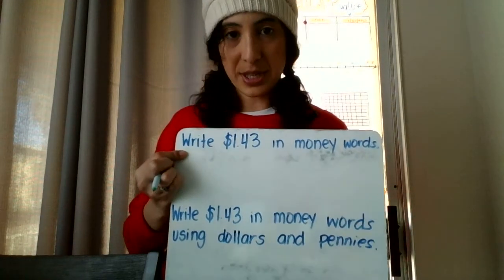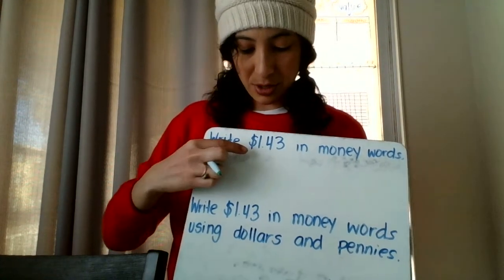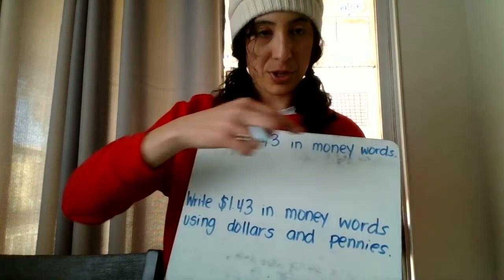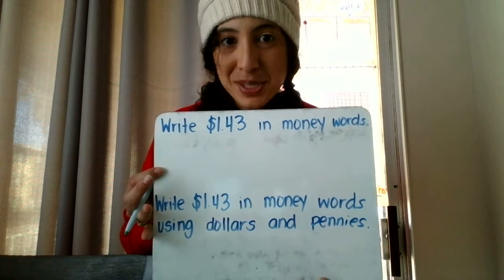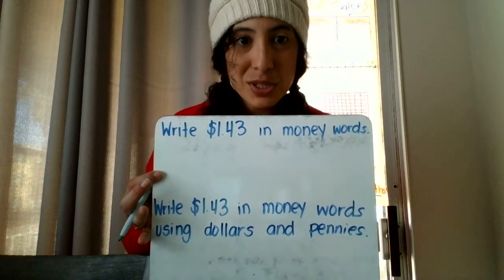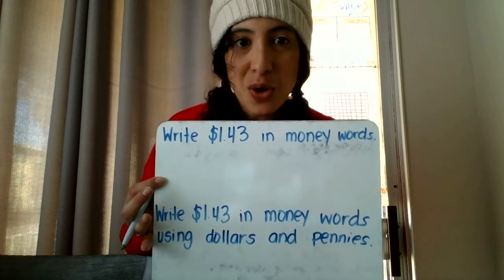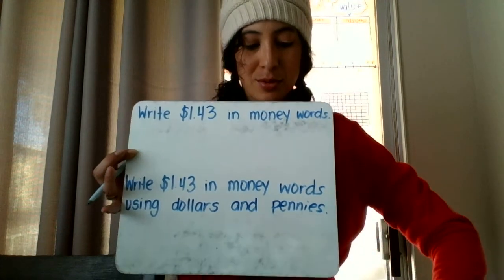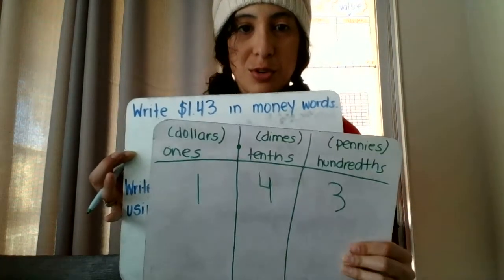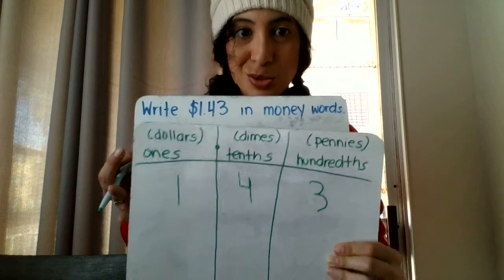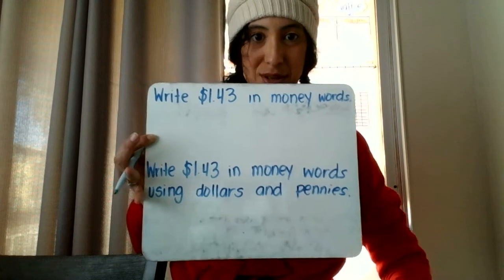So my first one says write $1.43 in money words. Is it being specific about what money words it wants me to use? No. So that means use all of them. We have dollars, we have dimes, and we have pennies. So use all three to answer this. Okay?